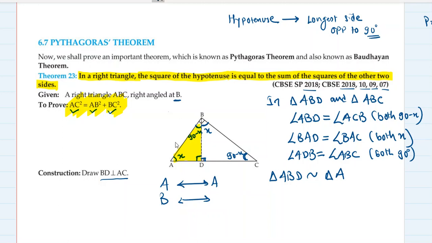In the big triangle, which angle is 90 minus x? C. So B is corresponding with C. And D, in triangle ABD, small yellow triangle, D is 90 degrees. In the big triangle ABC, which angle is 90 degrees? Angle B. So ACB. Triangle ABD is similar to triangle ACB by AA or AAA similarity.